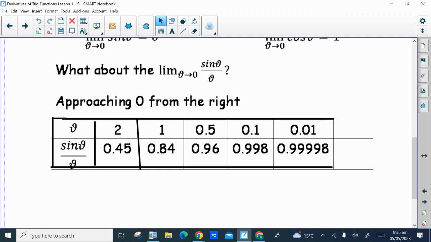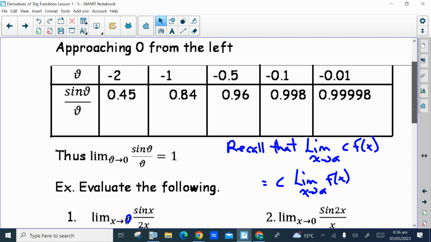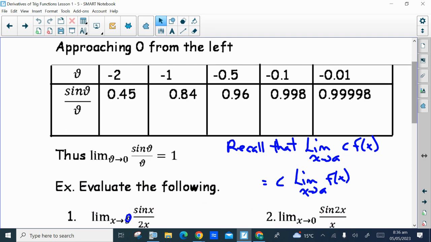The sine of 1 divided by 1 is 0.84, and so on. So as theta approaches 0 from the right side, sine theta over theta looks like it's approaching positive 1. And as theta approaches 0 from the left side, the same thing is happening. It's approaching a value of positive 1. So the limit as theta approaches 0 of sine theta over theta is 1.